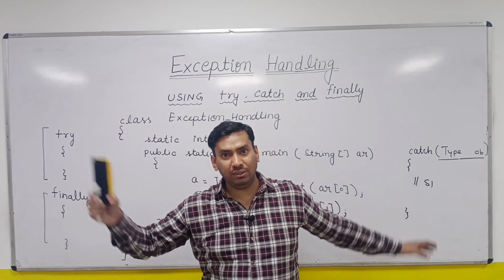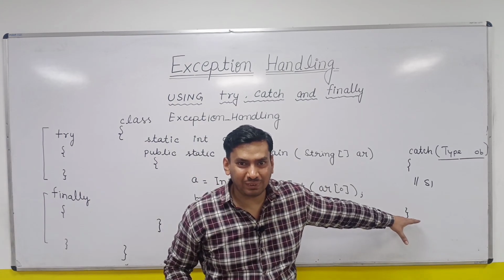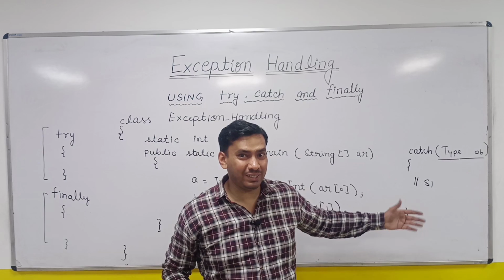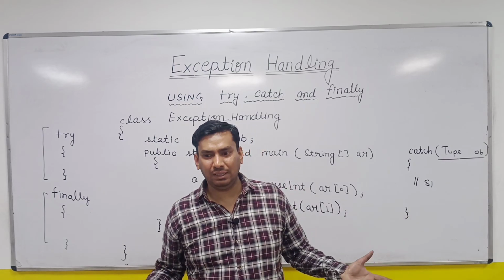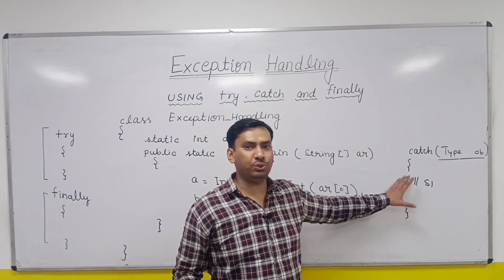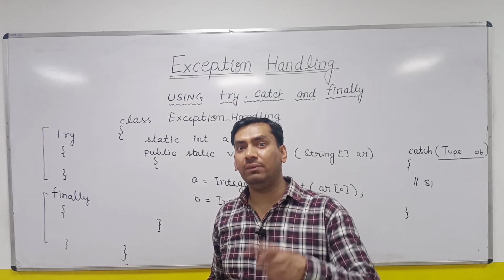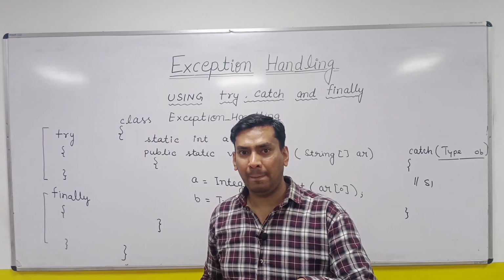But in the normal scenario, if the user has entered the correct password, will you ask him to re-enter the password? No, you will not ask here, because there is no exception. In the first go only he has entered the correct password. So catch block should contain only those statements which you want to execute only when the exception occurs, right?